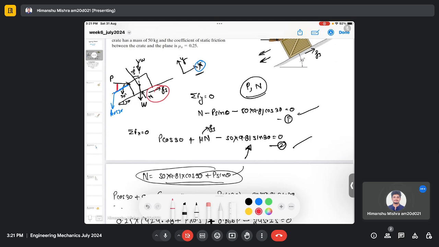And just note down the direction of friction. It should always be opposite to the applied force, which has a tendency to create the motion. So here the block would have slipped from right to left in the downward direction, and therefore the friction force should be in the opposite direction, which is from left to right.